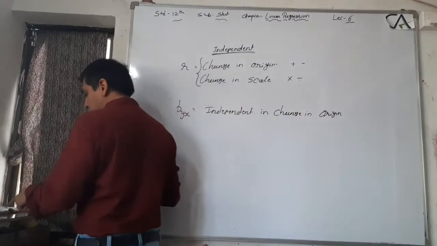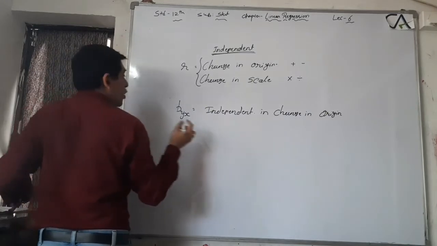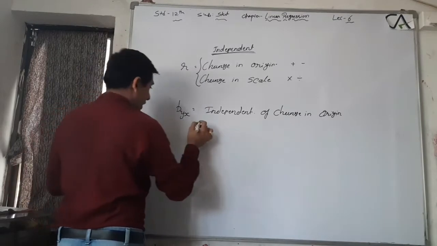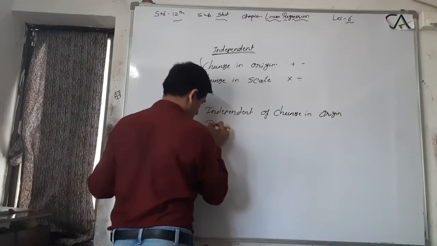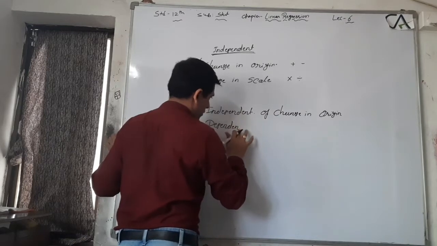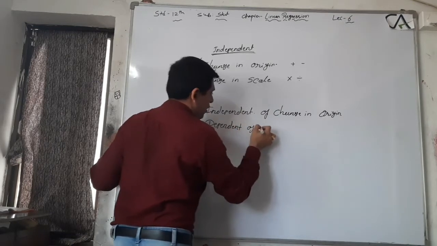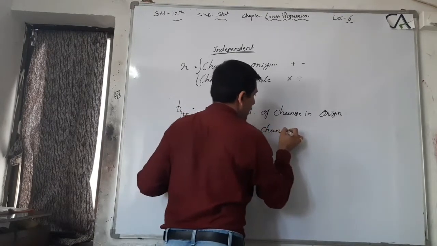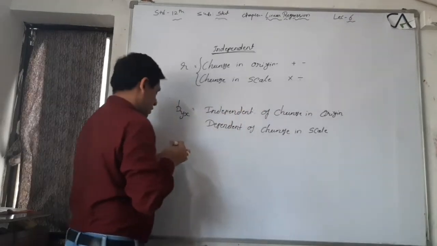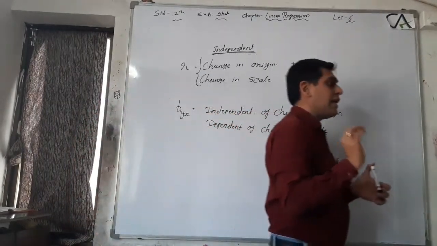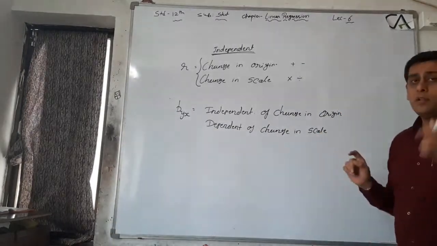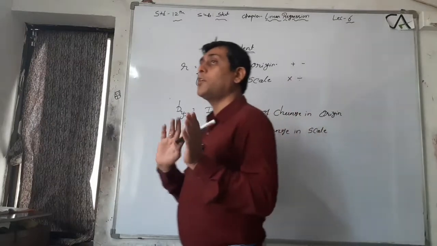The first one is that regression coefficient is independent of change in origin but not independent, that is dependent, on change in scale. What does that mean? If you are adding or subtracting one common amount from all the observations, then the answer of Byx will not change.